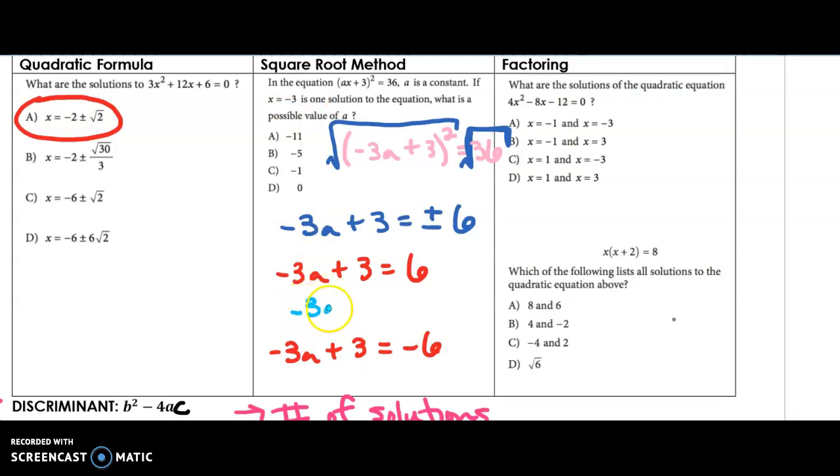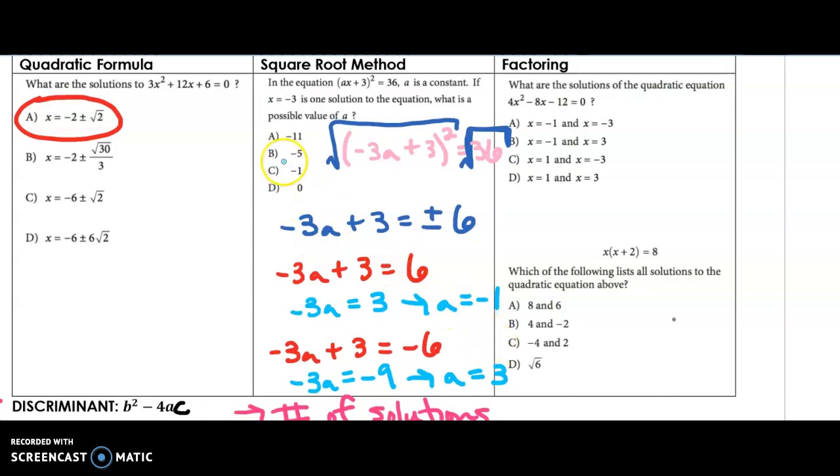I get negative 3a is equal to 3, which means a is equal to negative 1. And here we get negative 3a is equal to negative 9, so a is equal to positive 3.